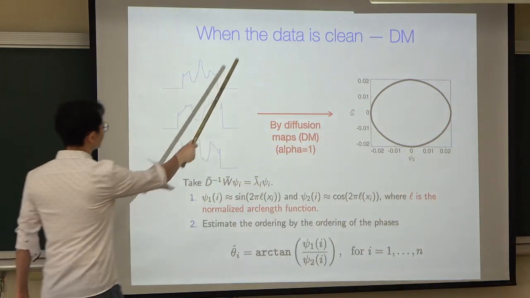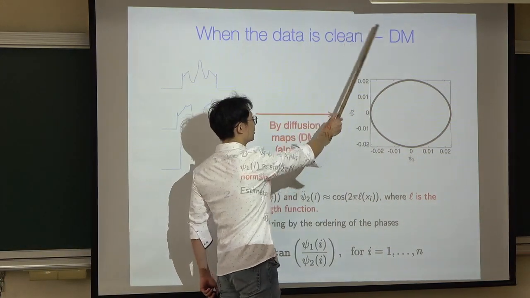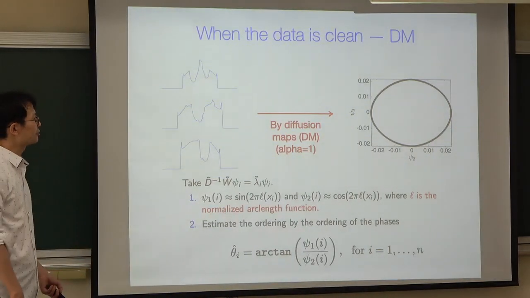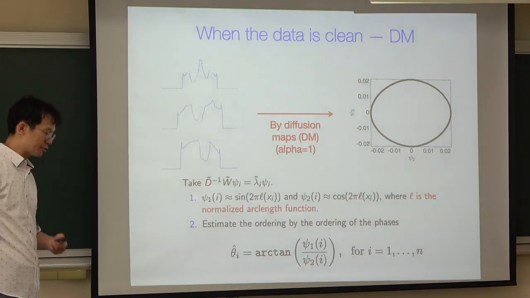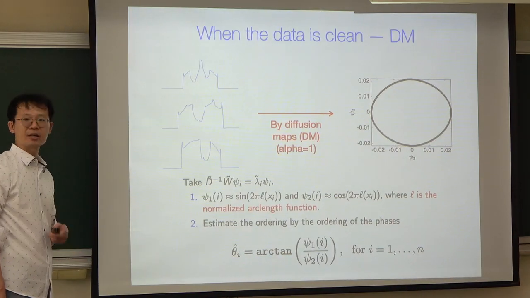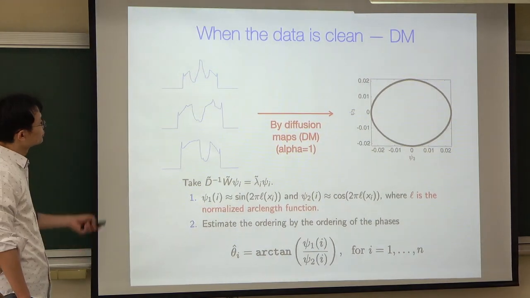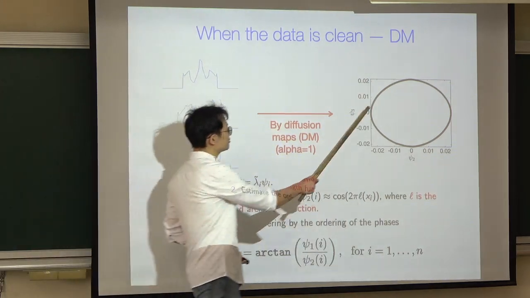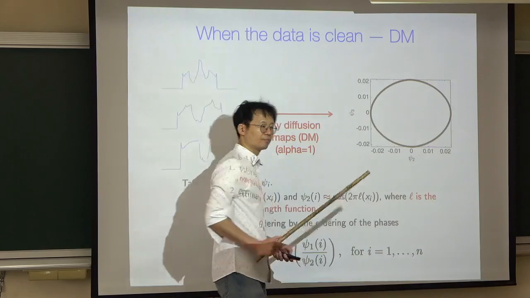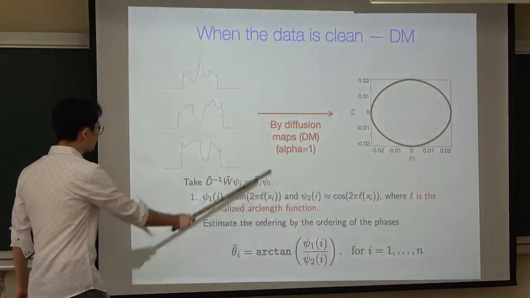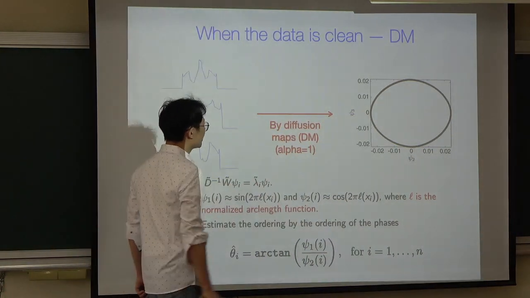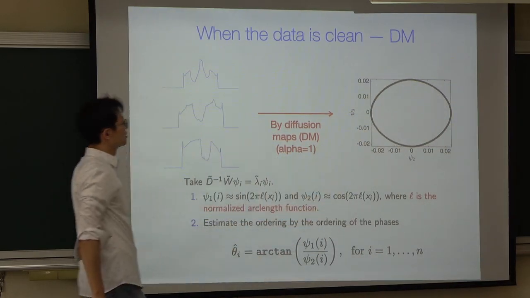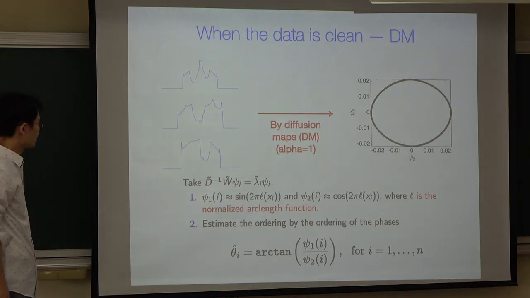So when the data is clean, we will apply diffusion map. Why? Because diffusion map, based on the spectral embedding theorem we discussed, allows us to recover the underlying manifold parametrization. And the underlying manifold has been traced within S1. So by applying diffusion map, you can actually recover the underlying S1 space. Why?